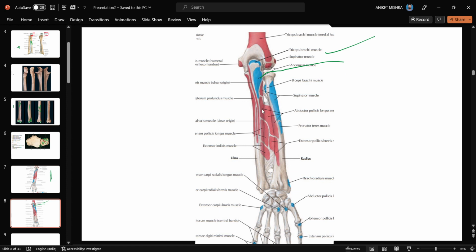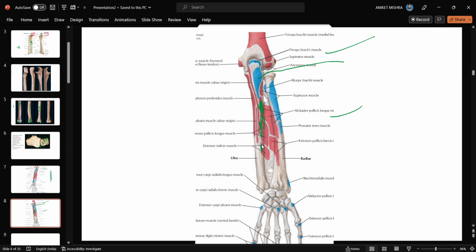When we look at the lateral border, it gives origin to the abductor pollicis longus muscle, the extensor pollicis longus, and the extensor indicis muscles.